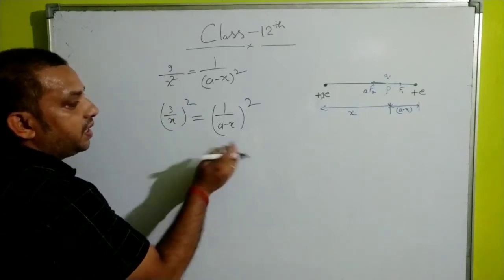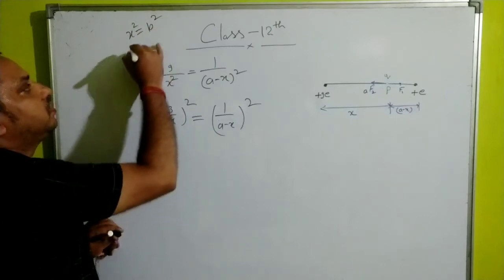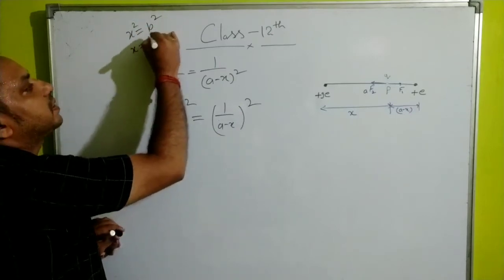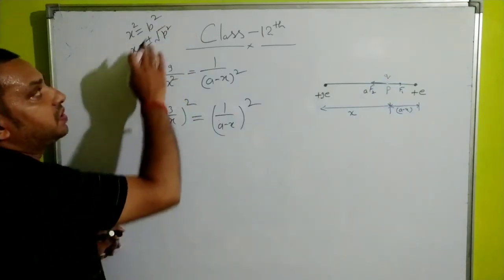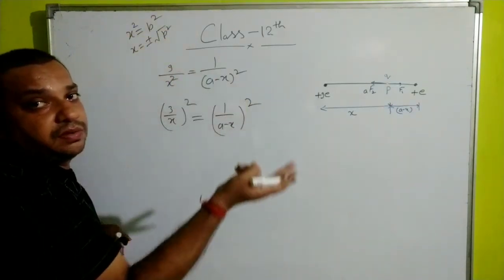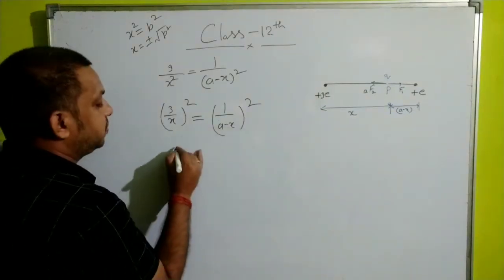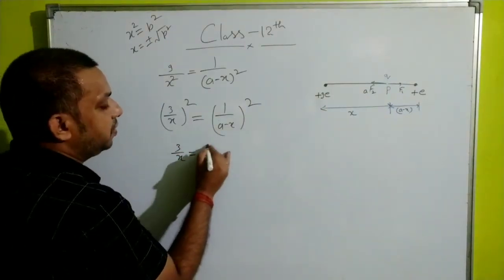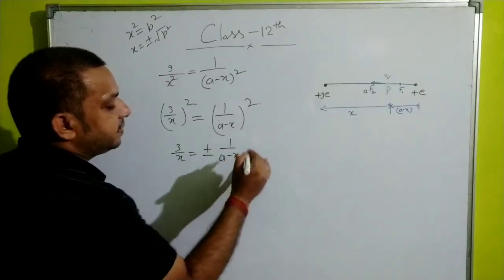So this is the kind of arrangement: x square is equal to p square, right? So when you take the square root, x is equal to plus minus p. Similarly, because it is a quadratic equation, you will get two values of x. So similarly I am taking this square root. So 3 by x is equal to plus minus 1 upon a minus x.